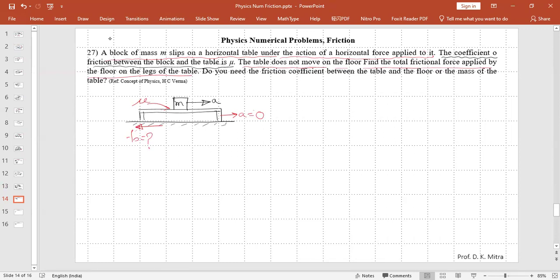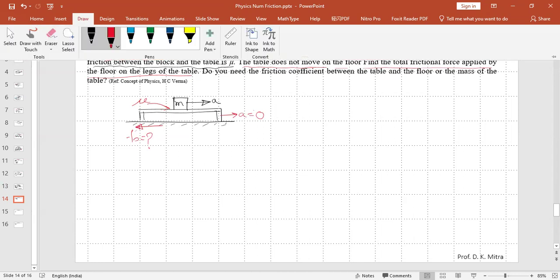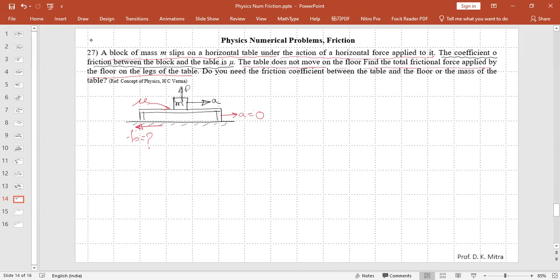They have asked frictional force between the table and the floor. This problem is actually very easy. If this is N, then this reaction force R is equal to mg.